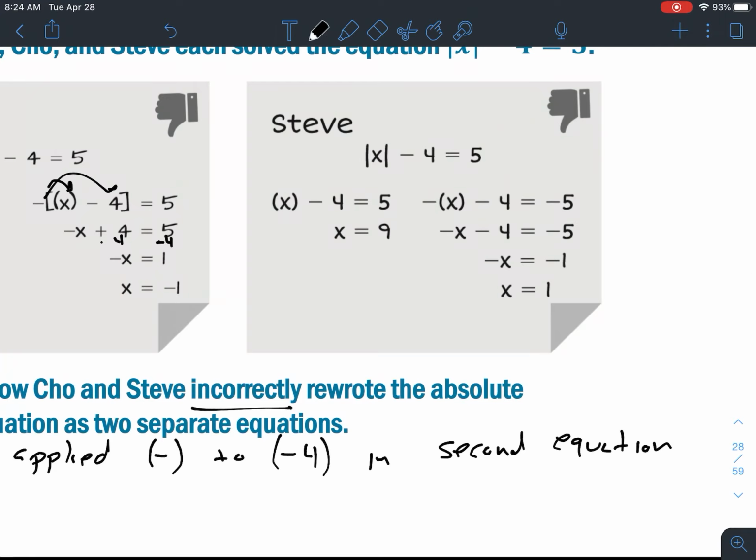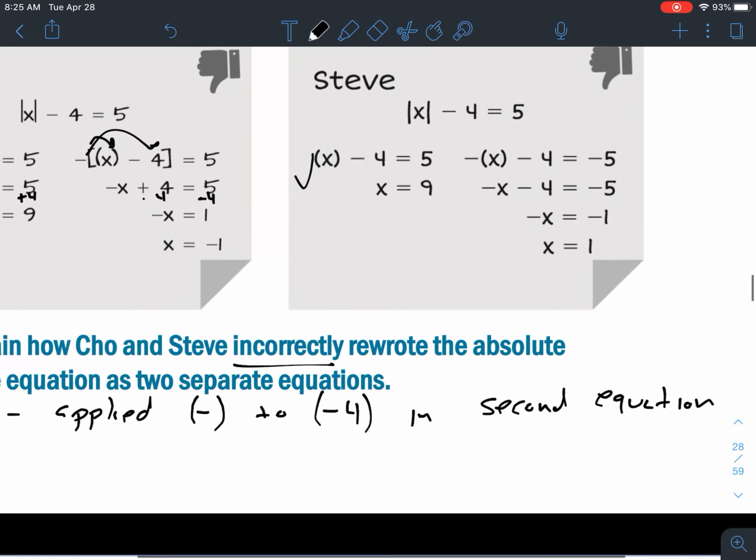And for Steve, let's look at him. So he did the first part correct. We look at the second one, -x minus 4 equals -5. Then he added the 4 on each side. And then divide by -x, or -1 on each side to make it a x equal to +1.